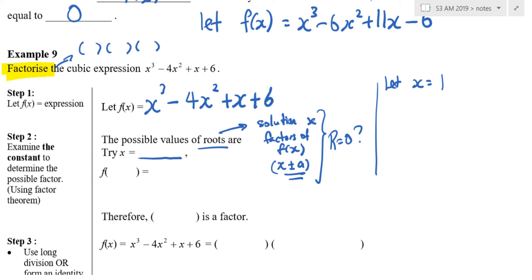Can you write down f(1)? I want you to have the habit. 1 minus 4 plus 1 plus 6 equals remainder. What is my remainder?